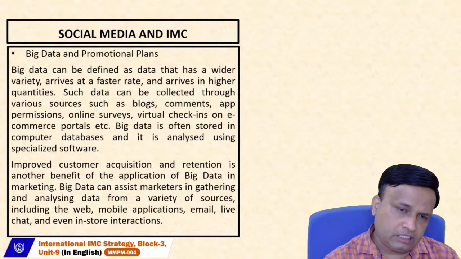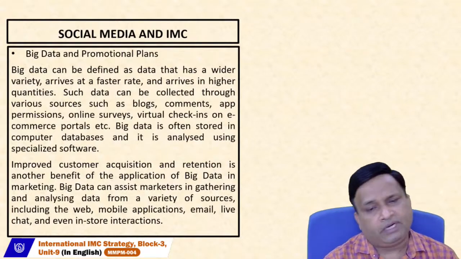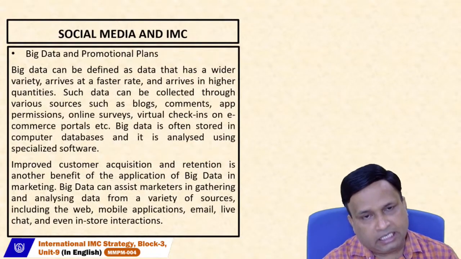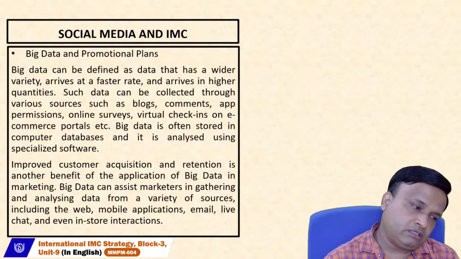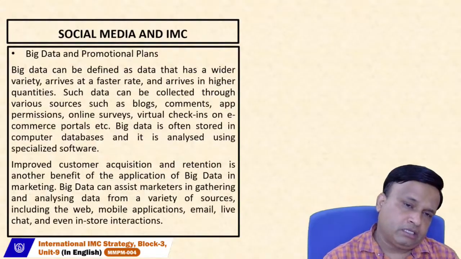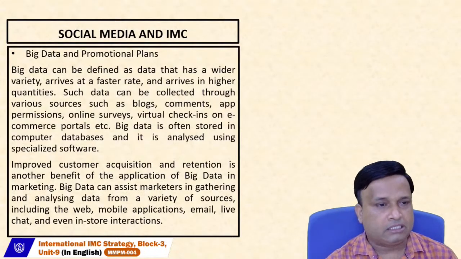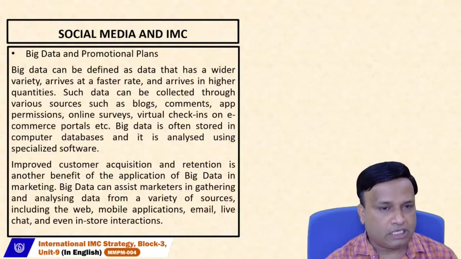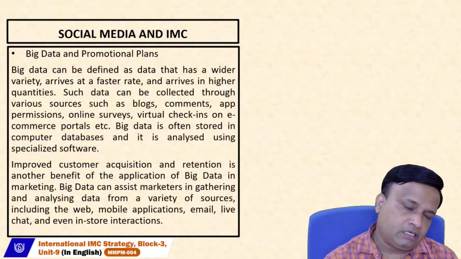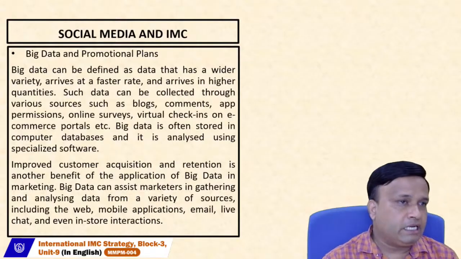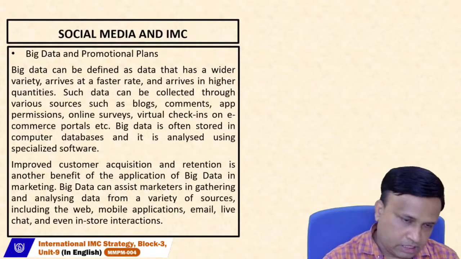He is able to engage in different activities. When he is engaged in different activities, you are getting data from different sources. What are the sources? Sources are blogs, comments, app permissions, online surveys, visual check-ins, e-commerce. You are getting n number of data about the customers.